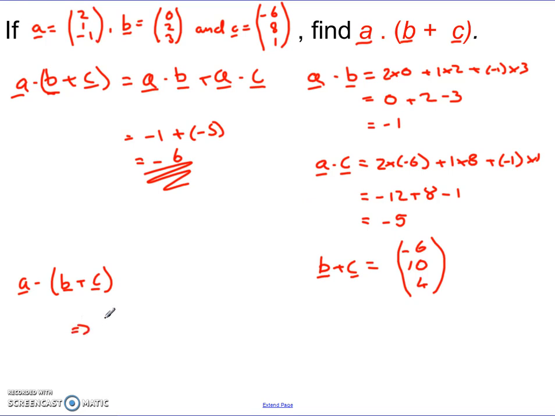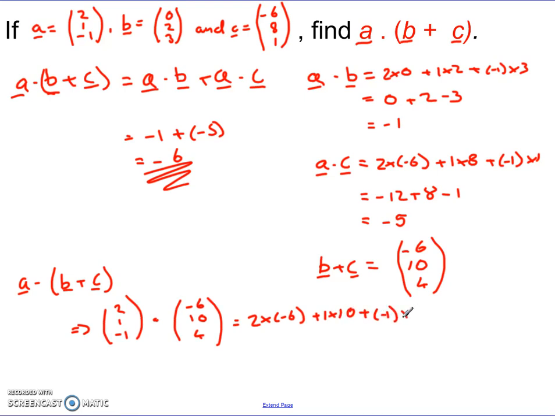So we take the scalar product of (2, 1, negative 1) with the vector (negative 6, 10, 4). That becomes 2 times negative 6 plus 1 times 10 plus negative 1 times 4. 2 negative 6's is negative 12, 1 10 is 10, then take away 4. Negative 12 plus 10 is negative 2, take away 4 is negative 6.